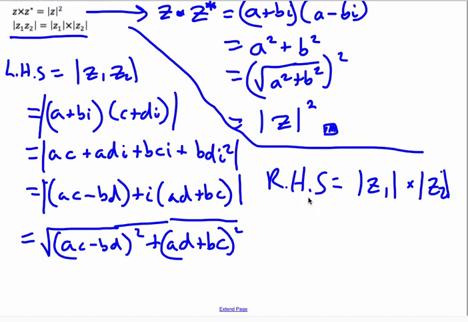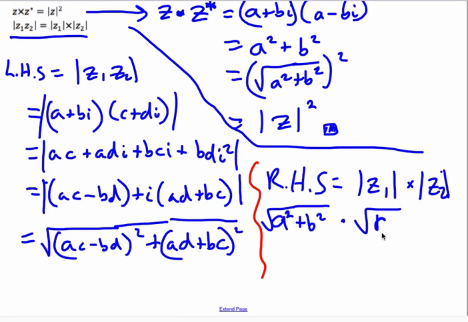Okay, so again, let's go back to the right-hand side. So here we're going to have root a squared plus b squared times root c squared plus d squared.